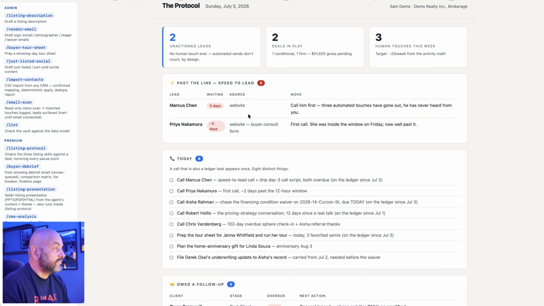After they tell you that, you can simply issue a command of listing protocol. So what does it do? It launches off a set of workflows that are necessary for us that we've built in our Agent Protocol program that start this chain. For example, a listing presentation that is custom to that property, to that seller, then does a CMA for the property.